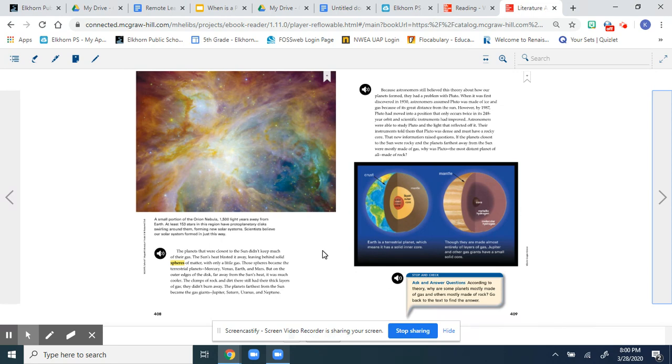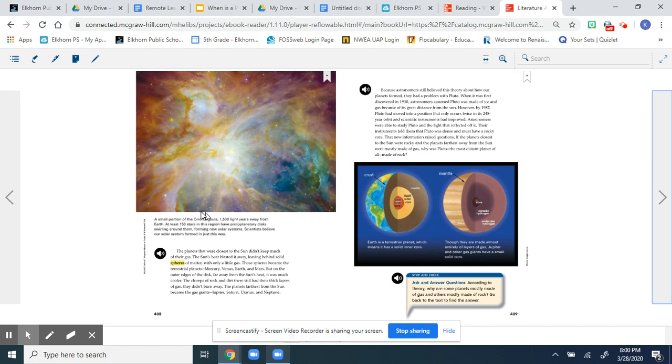Those spheres became the terrestrial planets, Mercury, Venus, Earth, and Mars. But on the outer edges of the disk, far away from the sun's heat, it was much cooler. The clumps of rock and dirt there still had their thick layers of gas. They didn't burn away. The planets farthest from the sun became the gas giants, Jupiter, Saturn, Uranus, and Neptune.